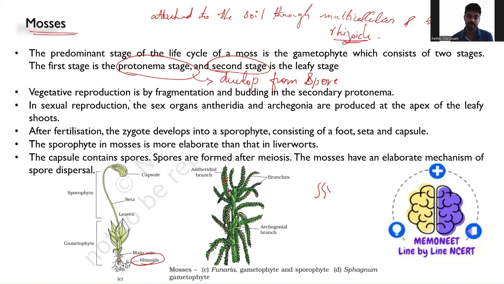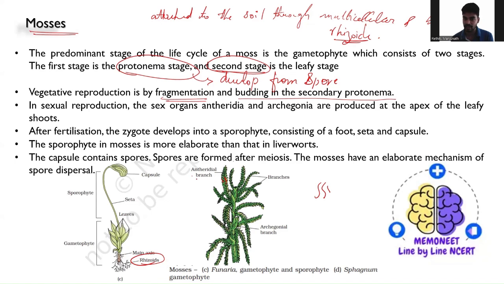When coming to vegetative reproduction, it is actually by fragmentation and budding of the secondary protonema, that is in the secondary stage. This is one point. And in sexual reproduction, the sex organs, that is antheridia as well as archegonia, are produced at the apex of the leaves.